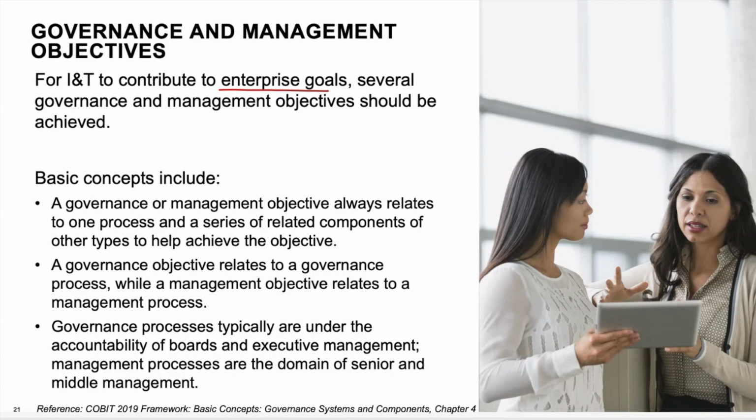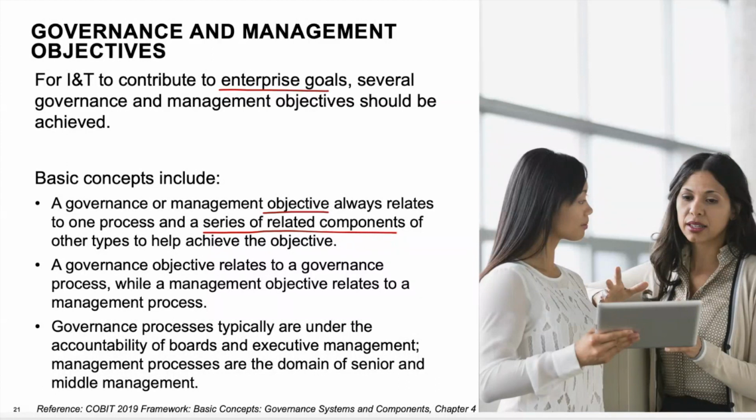So note that there are a couple of key elements that we discussed in the Foundation course, and that means that ultimately every objective, whether it's a governance or management objective, always relates back to one or more related components so that they will help you achieve that specific objective.